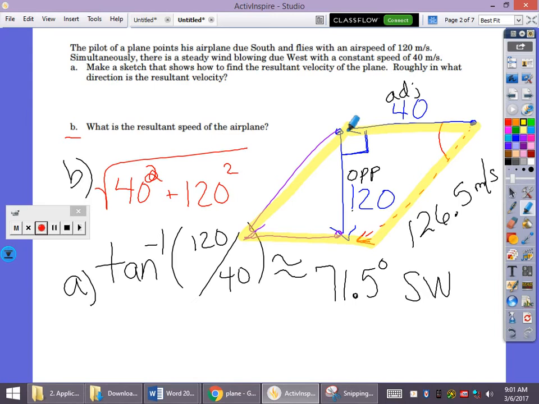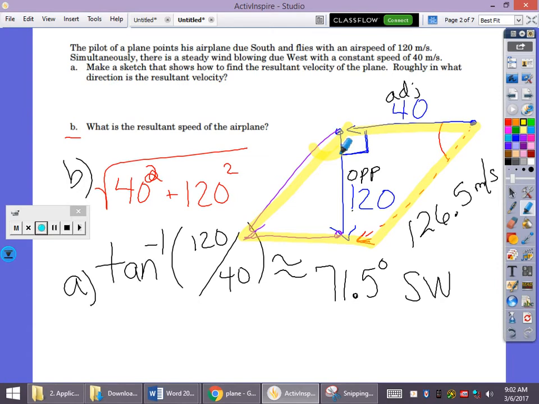Just remember that the resultant has to start at an original initial and have a terminal at a final terminal. Okay, so do you guys see how I could have drawn this one or this one and still gotten all the same answer? Because I would have looked for this angle up here, and this line is still pointing southwest, yes?